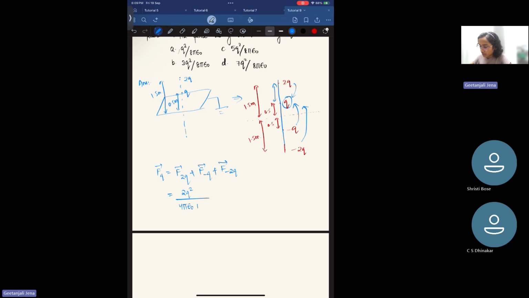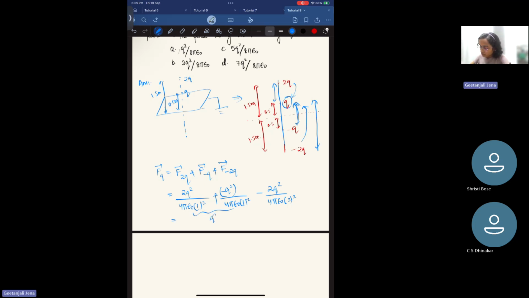From minus q, the distance is also 1 meter, so minus q square over 4 pi epsilon naught times 1 square. From minus 2q, the distance is 2, so minus 2q square over 4 pi epsilon naught times 2 square.